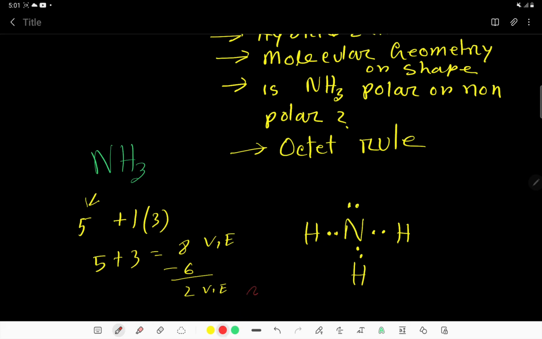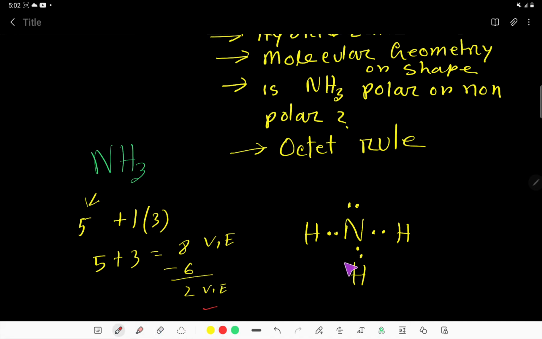Now look, this hydrogen has satisfied its duet, and this hydrogen also has satisfied its duet, right? And this nitrogen has achieved the octet. That is why we can say that in the NH3 Lewis structure, nitrogen follows the octet rule and the hydrogens follow the duet rule, right?